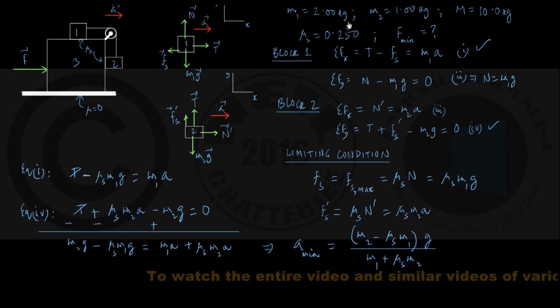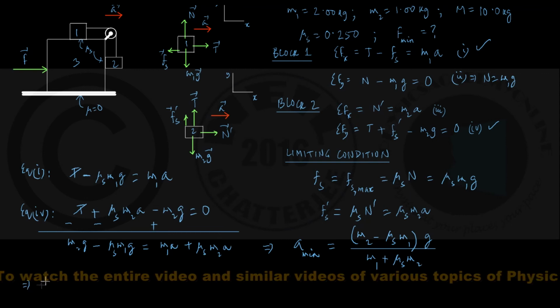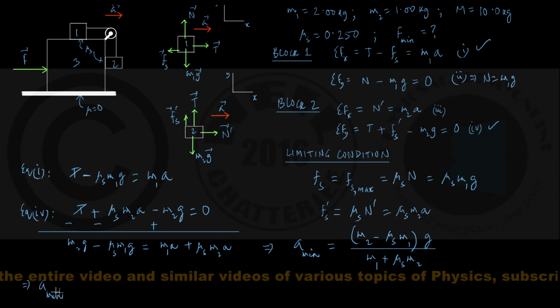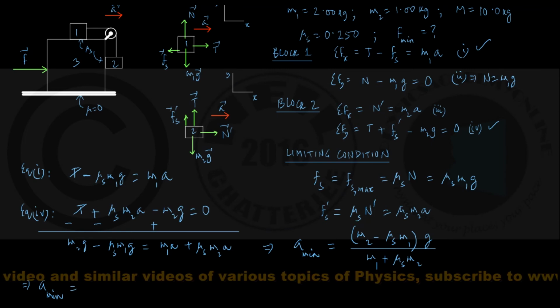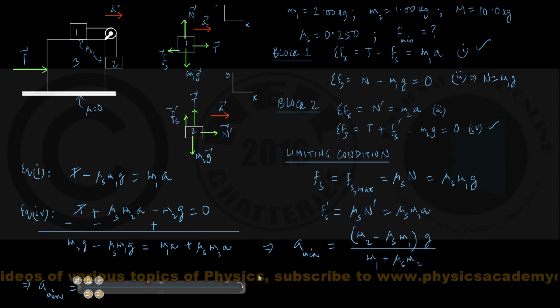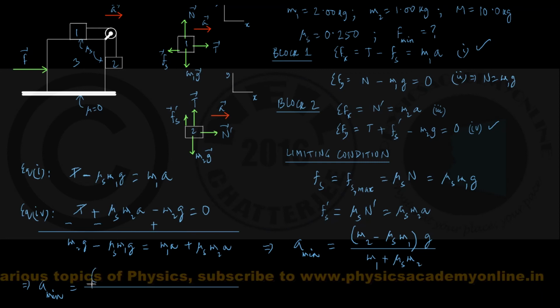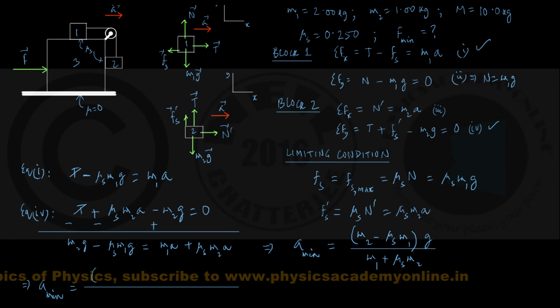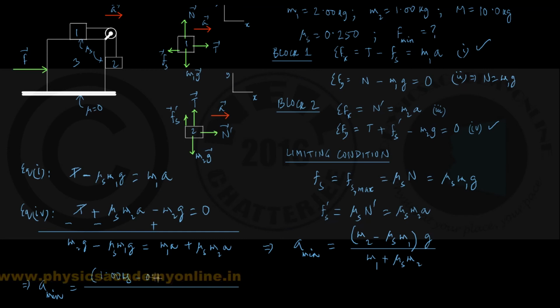And if we have the values, let me put them, and we are getting here by putting the values, minimum acceleration for this 3-block system, that is coming out to be, well, m2, you can look at the data given above, I'm writing from there only, that is 1.00 kg minus mu s 0.25 into m1 was 2.00 kg.